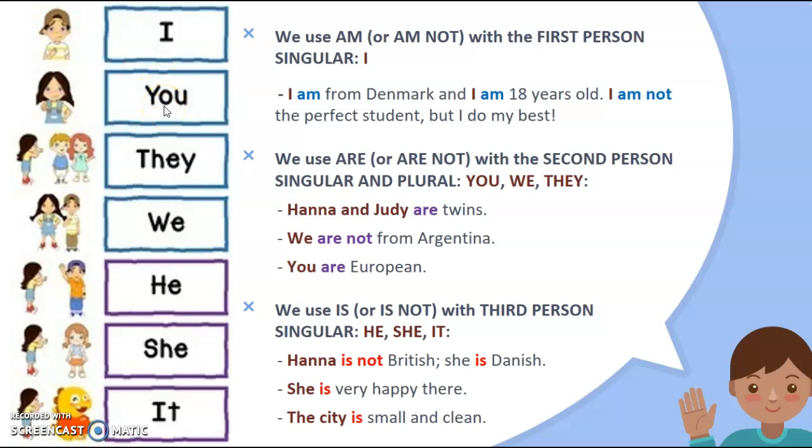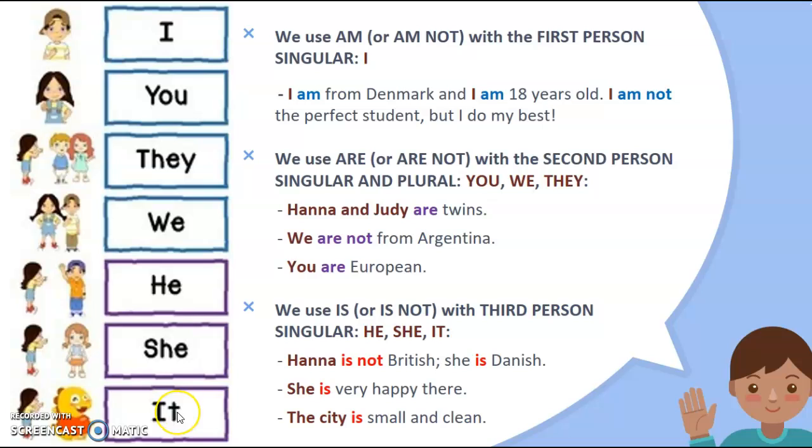You, which can be the second person singular or second person plural if it is a group of people. Then we have the plural they and we. They is used to refer to a group of people in which you are not included, while we is used to refer to a group of people where you are included.